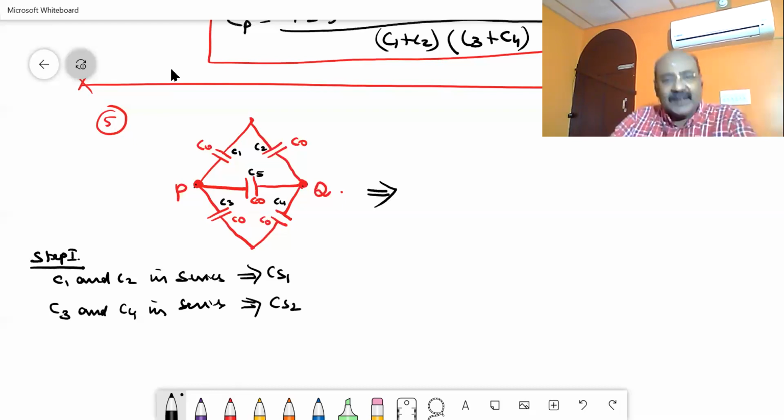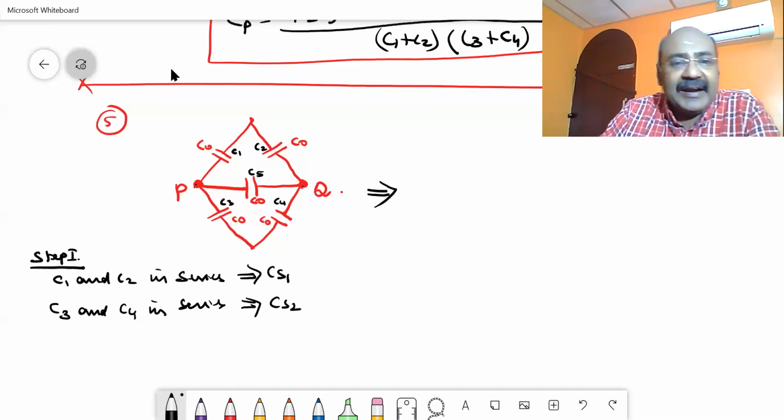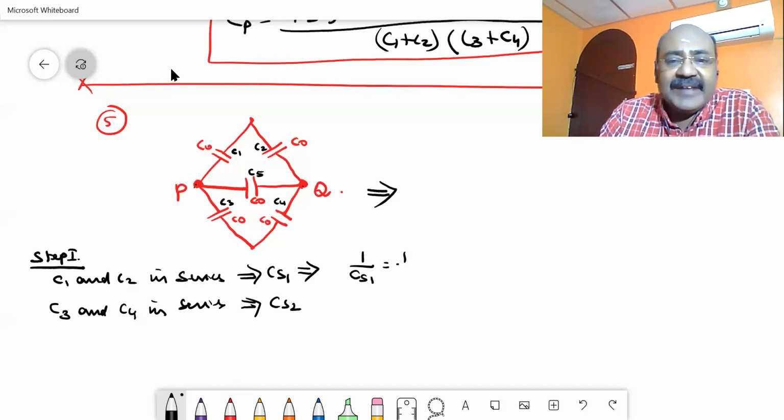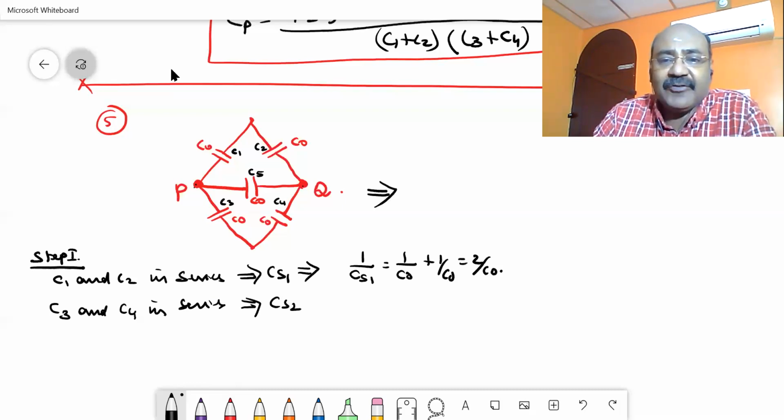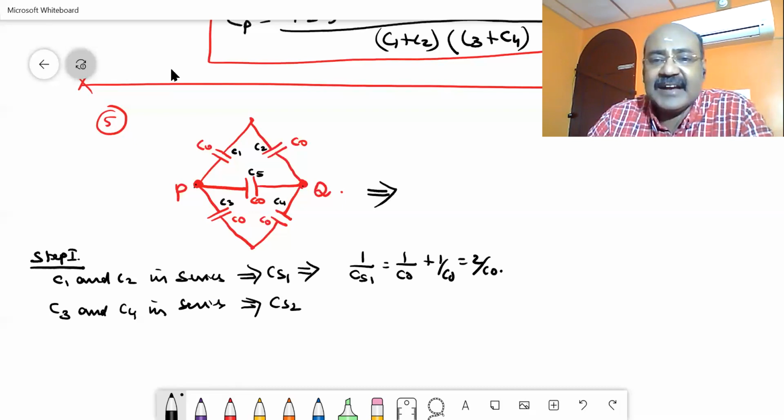What is CS1? I am writing here. 1 divided by CS1 is equal to 1 by C0 plus 1 by C0, which is 2 by C0. Therefore, CS1 is equal to C0 divided by 2. This is the first value.